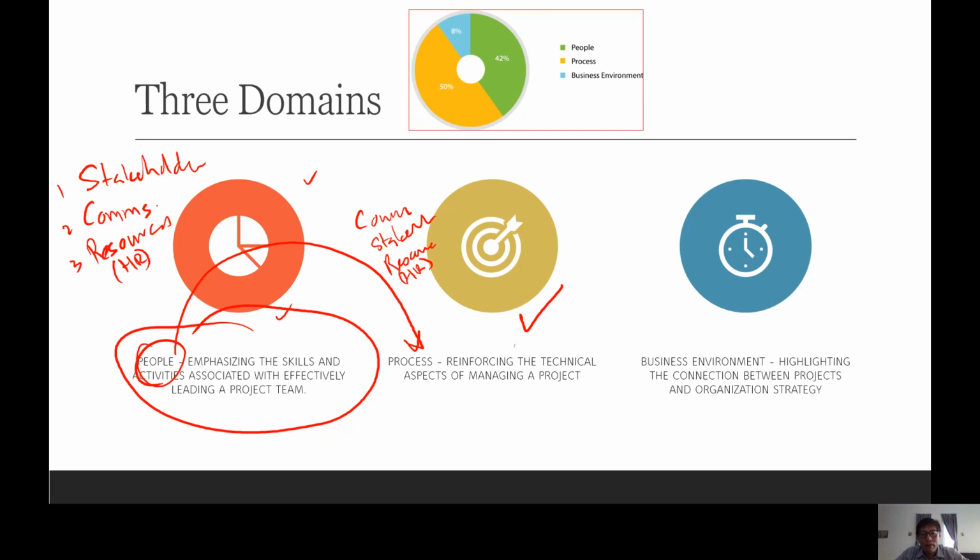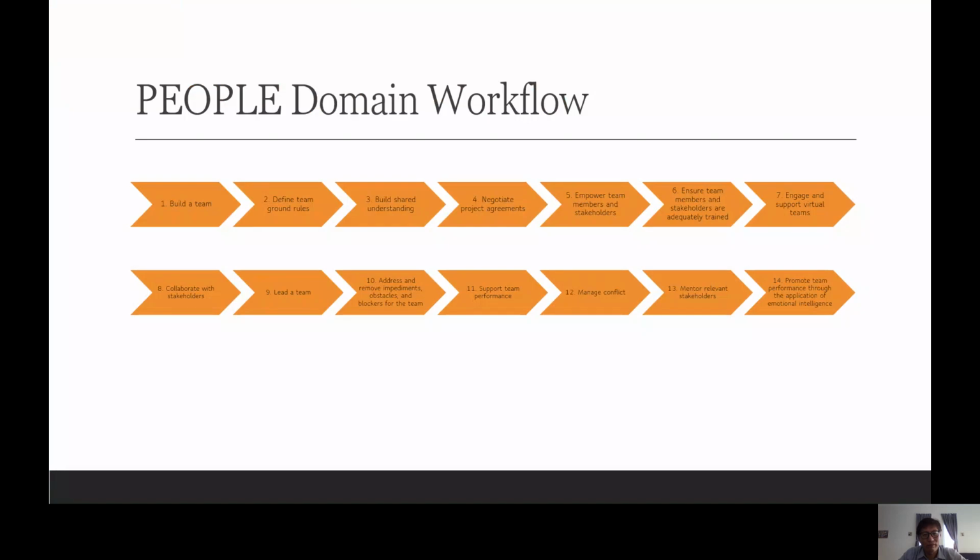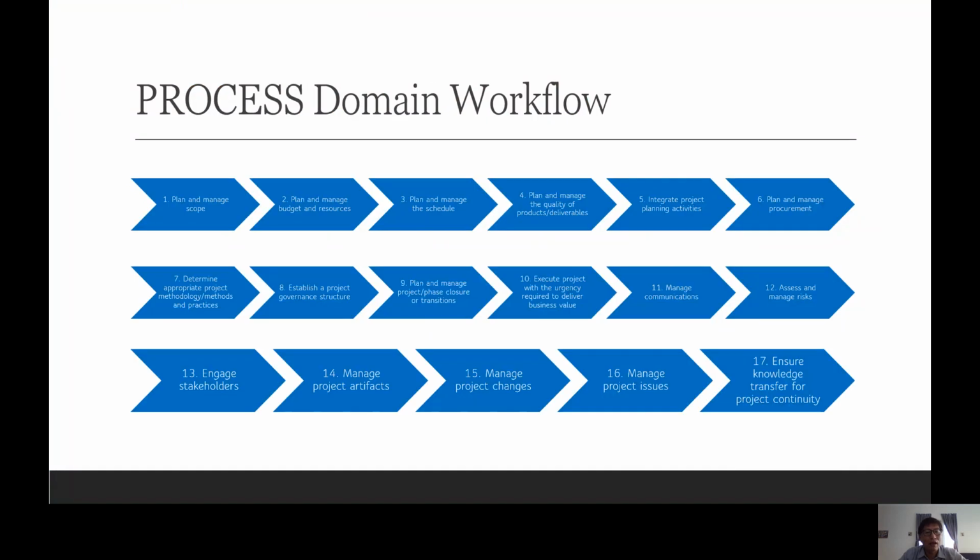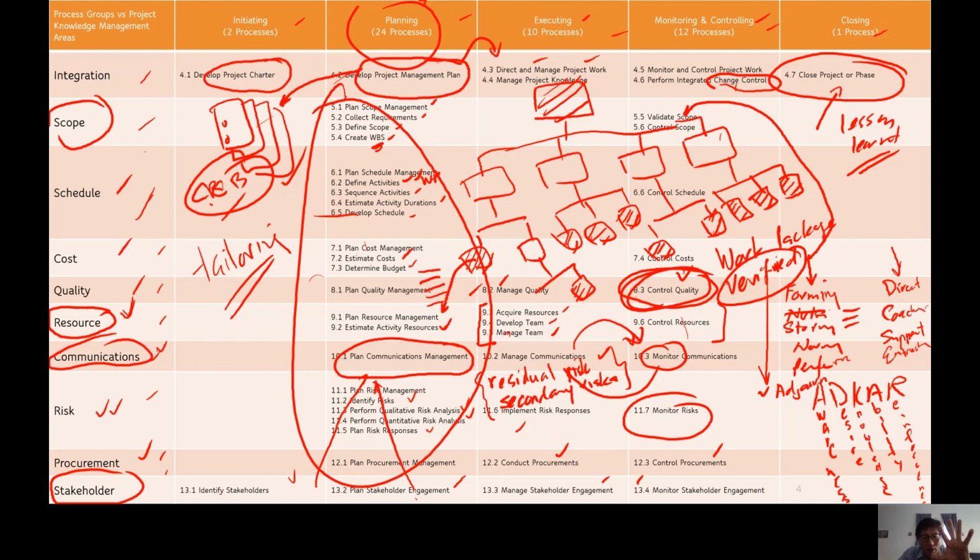So the next step I will go into is the business environment. Okay, now moving into the business environment, we have only four. This business environment is not inside here.